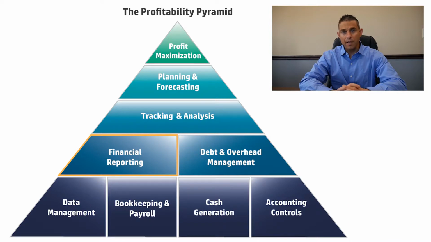It is critical that you understand the financial reporting part of the pyramid, because you need to be able to quickly run reports when needed, whether it's for you or a third party like a consultant or another advisor, to be able to quickly identify and evaluate your practice.